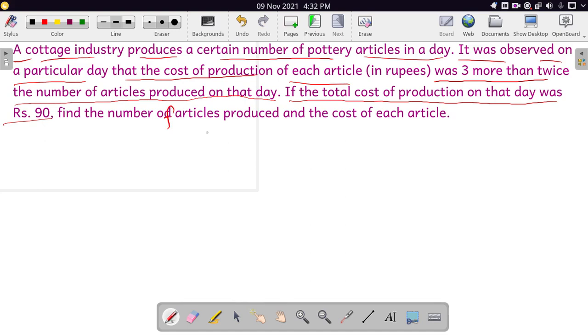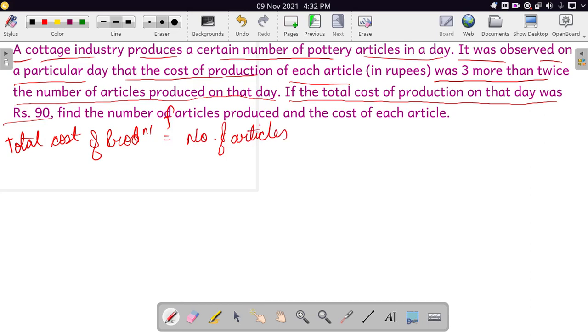Okay, so we know that the writing part in this question is very important. Total cost of production. What is total cost of production? It is equal to the number of articles produced.